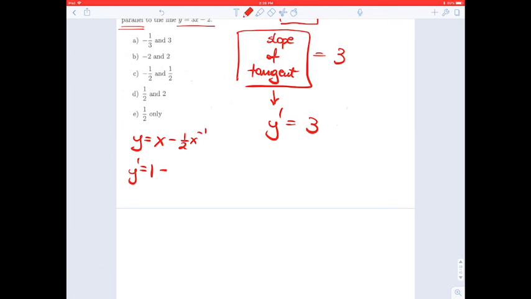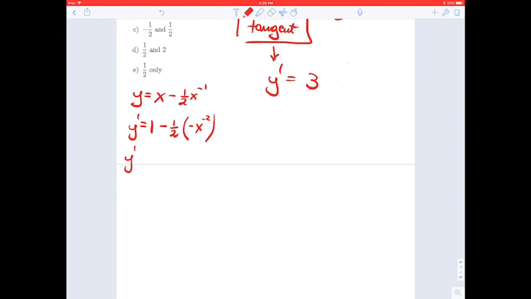Derivative of half x to the negative 1 will be like that: copy 1/2, and then negative 1 x to the negative 2. Negative and negative is positive, and x to the negative 2 is x squared in the denominator. So we did compute a derivative.